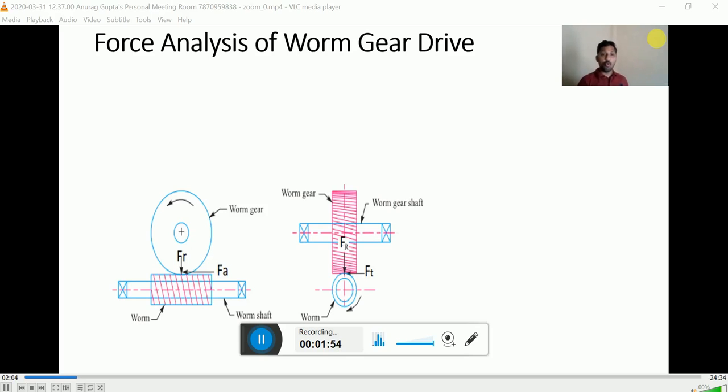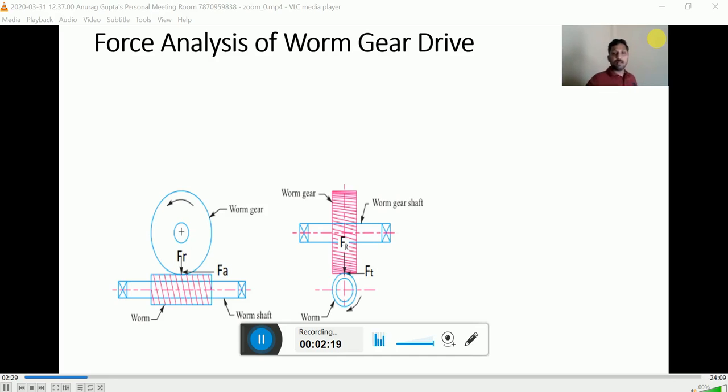One more thing here has to draw some attention: the worm and worm gear are transmitting power at 90 degrees. And if they are transmitting the power at 90 degrees, that means the axial direction for the worm will have the tangential direction of the worm gear.